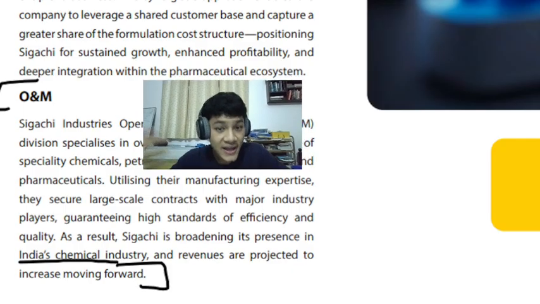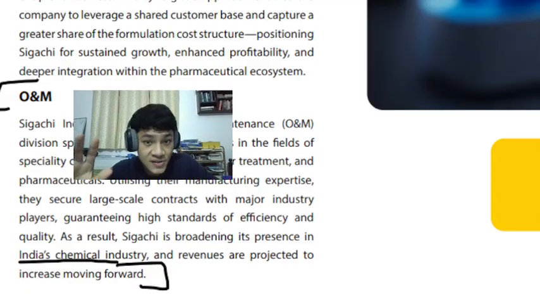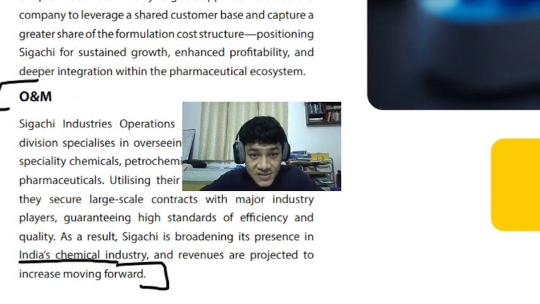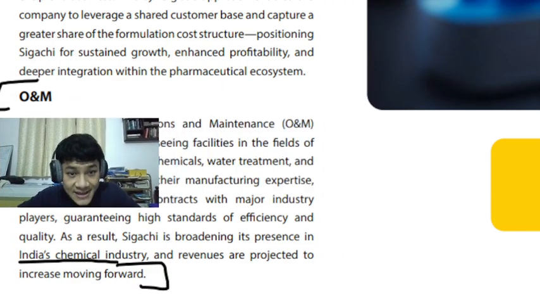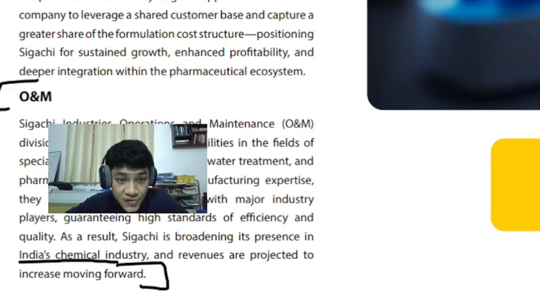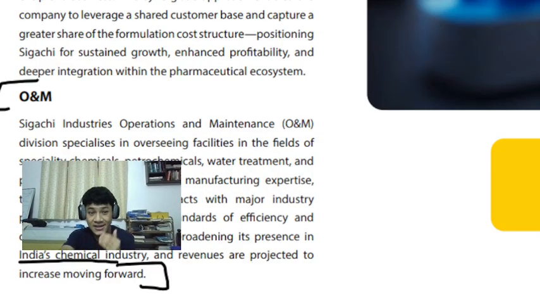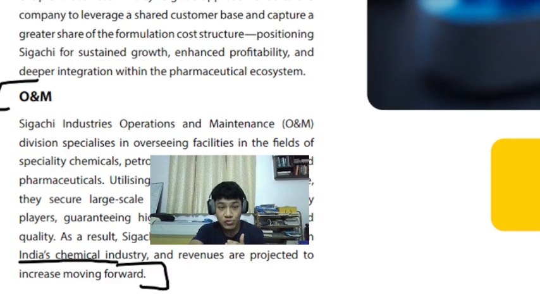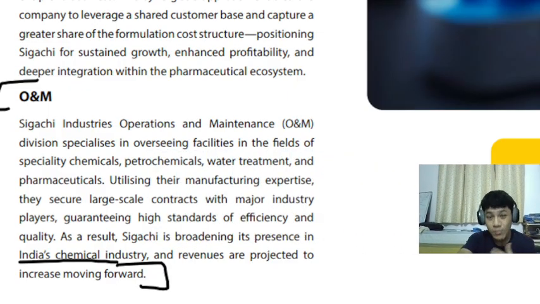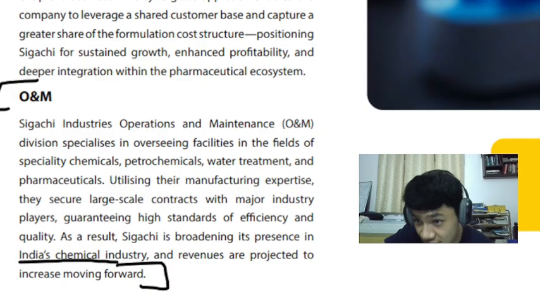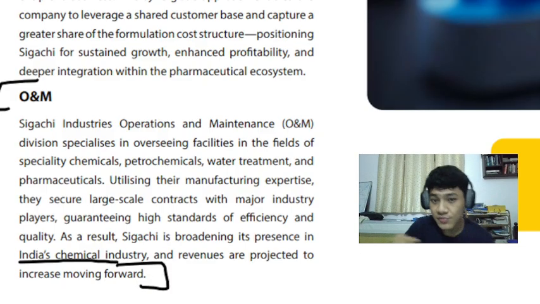Utilizing their manufacturing expertise, Sigachi secures large-scale contracts with major industry players, guaranteeing high standards of efficiency and quality. As a result, Sigachi is broadening its presence in India's chemical industry, and revenues are projected to increase moving forward. A nice guidance given, revenues will increase from this division.